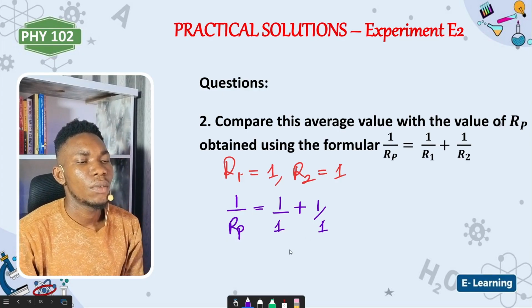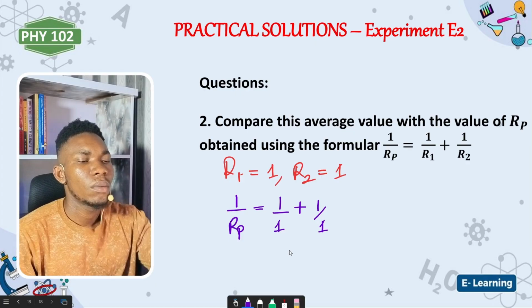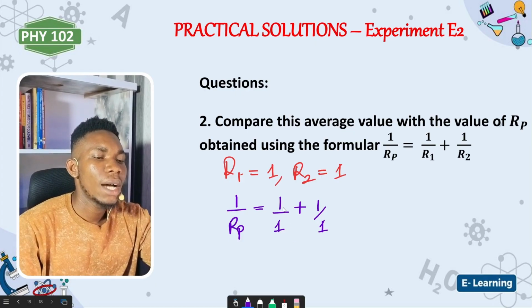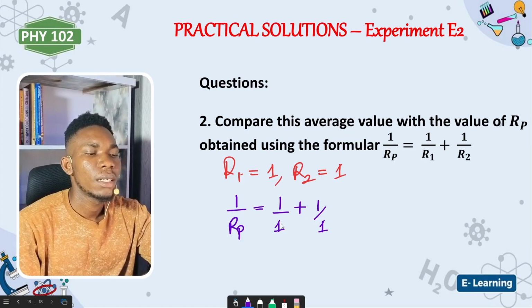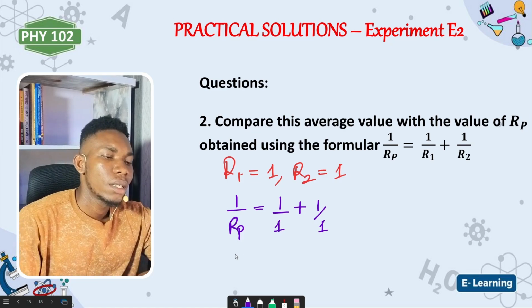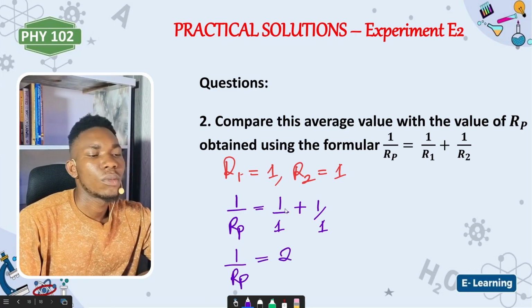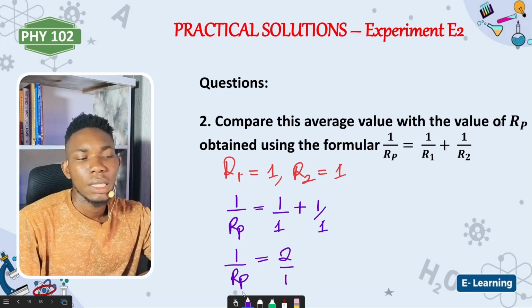Now, at the end of the day, what do you think we are going to have? If you add everything here together, it's going to give us 2 over 1. All right? So 1 over RP would be equal to 1 plus 1, which will give us what? 2. Because 1 over 1, 1 over 1 will give us 2 over 1. Is that okay?